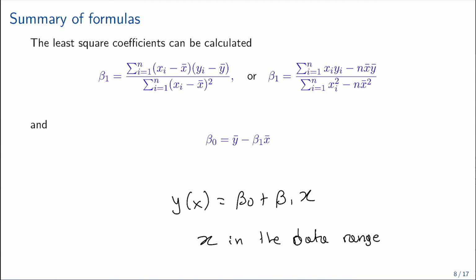So if our values of x were between 0 and 100, we expect x to be in that range and avoid values of x outside of the range, because we cannot guarantee that our line will approximate those values.